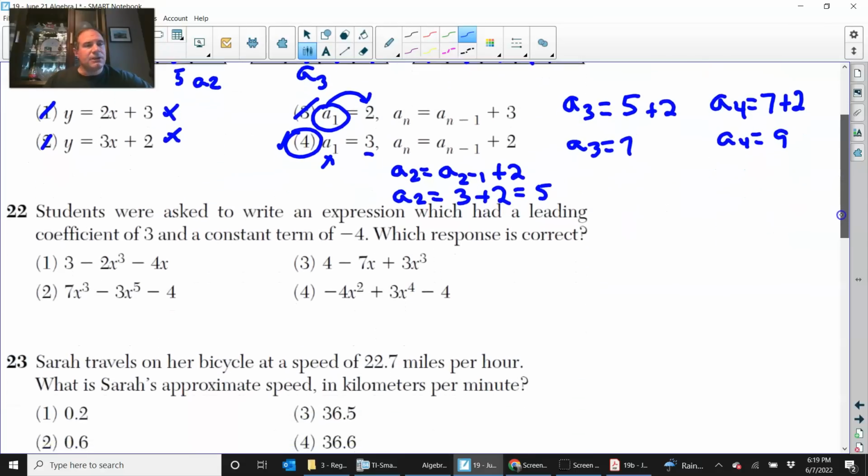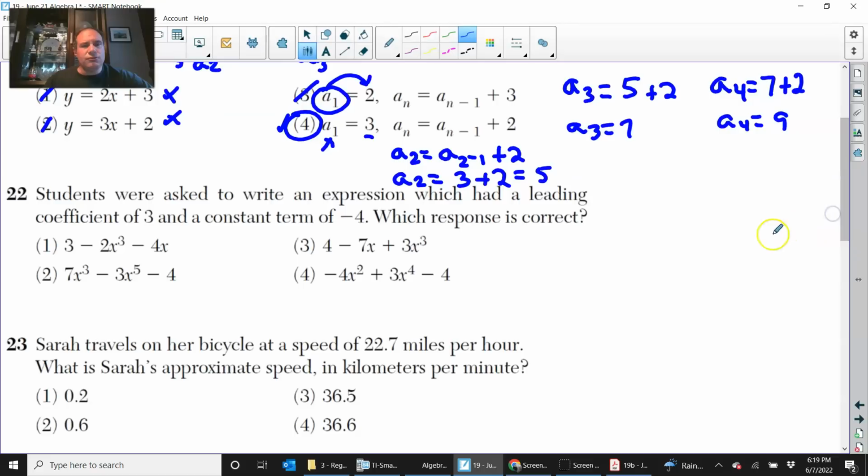All right. Students were asked to write an expression that had a leading coefficient of 3 and a constant term of -4. A leading coefficient means the number before the x has to be that 3.